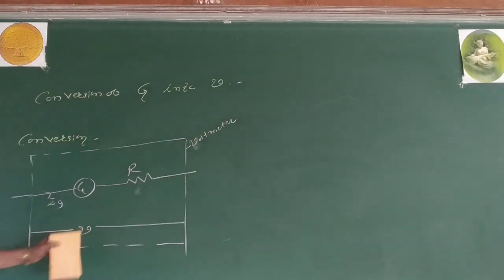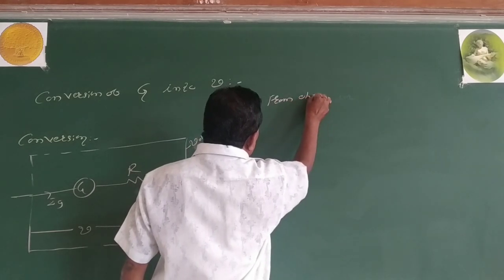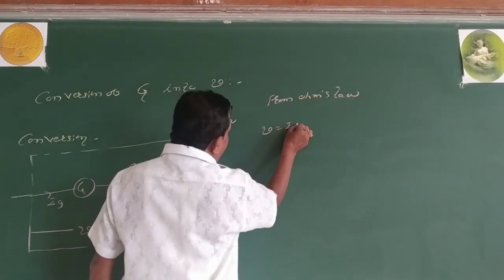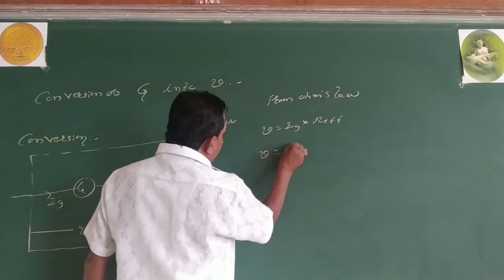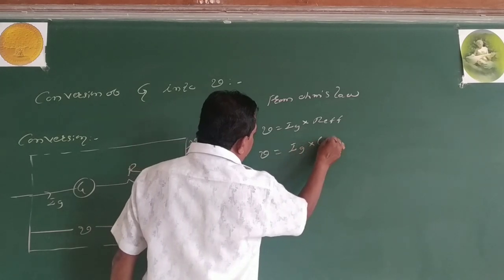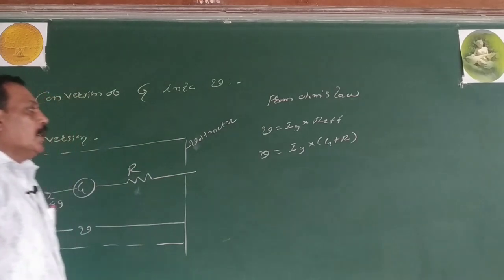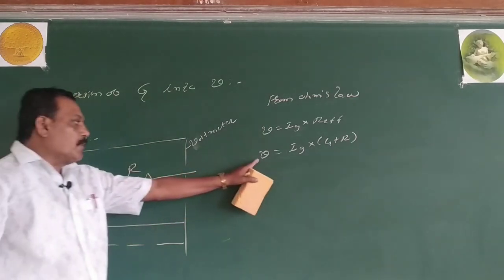Right? From Ohm's law, V equals Ig into R effective. Both are in series, so R effective is G plus R. From this equation, V is directly proportional to Ig. Hence, whatever the current flowing through the device directly measures the potential difference V.